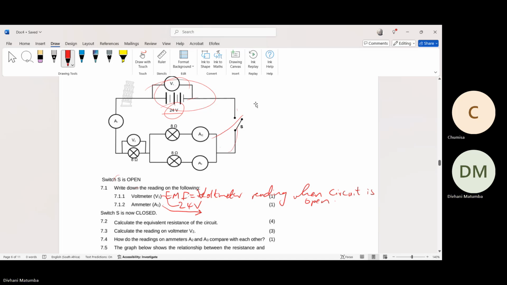No, sir. So is there going to be a flow of current? No, sir. Okay. So what will be the reading of A1 if there's no flow?